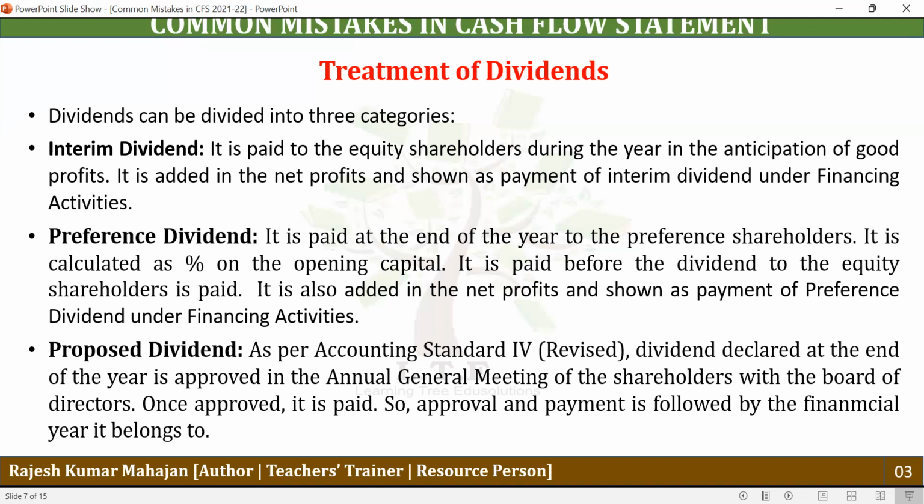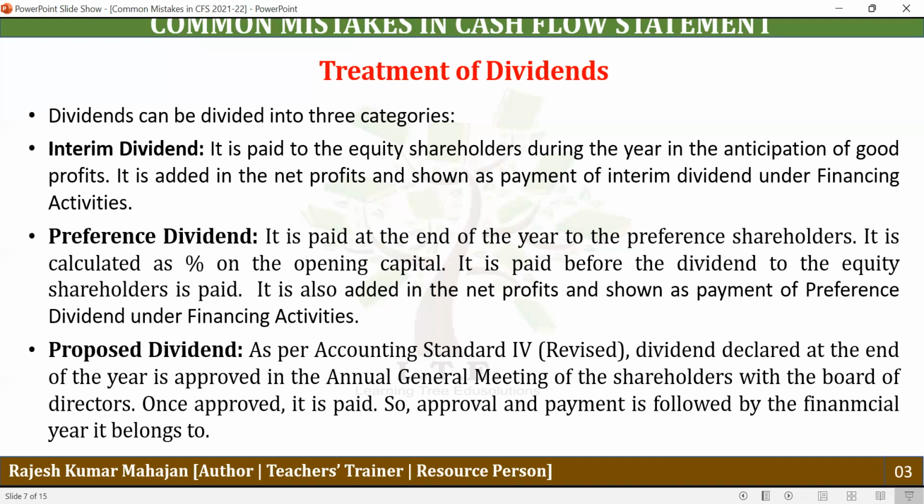For example, if we have the financial year ending March 2021, at the end of this financial year, that is on March 31st, 2021, the board of directors will declare the amount of dividend. And now this dividend will be approved by the shareholders in the annual general meeting, which may happen in the month of July, August, September, any month after 31st March. So the meeting will be held in the next financial year.